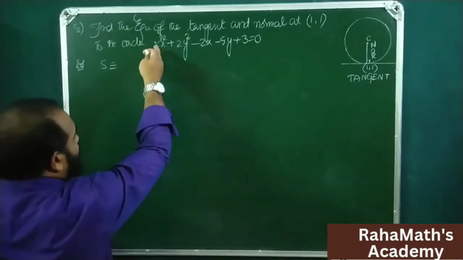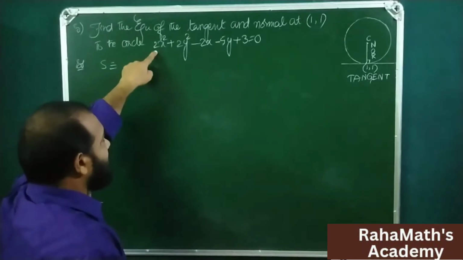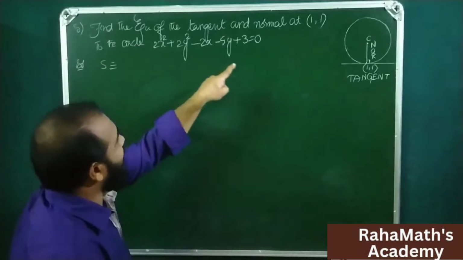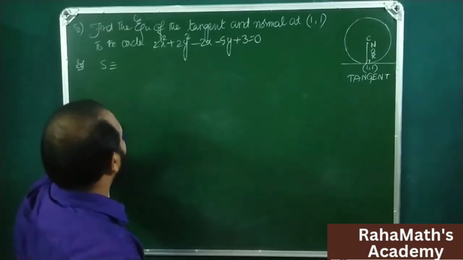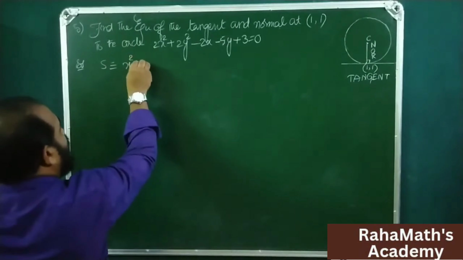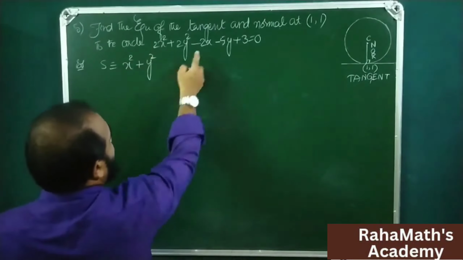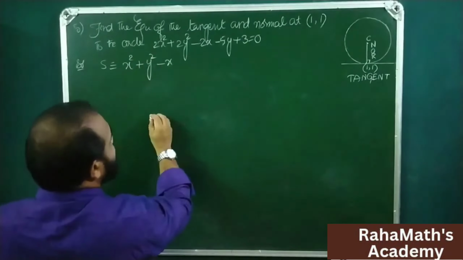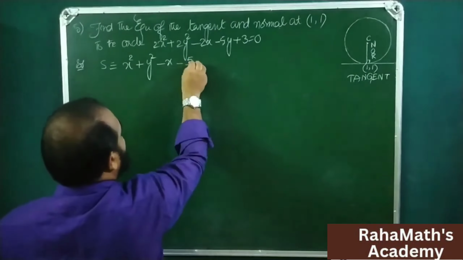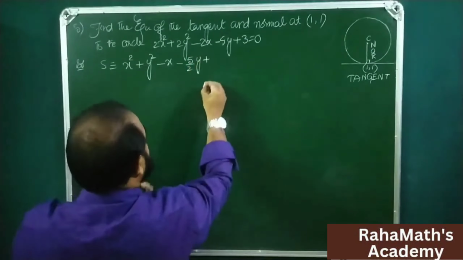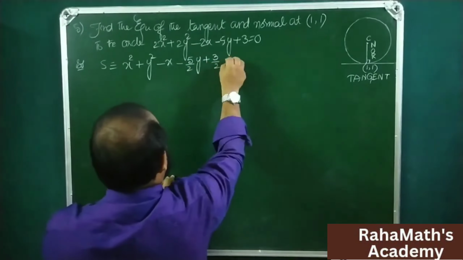So the x square coefficient should be 1, for which we need to divide the entire equation by 2. Then x square plus y square minus x minus 5 by 2 y plus 3 by 2 equals 0.